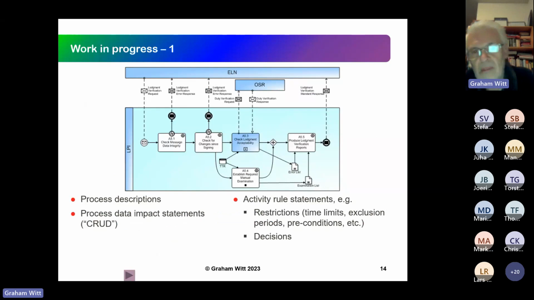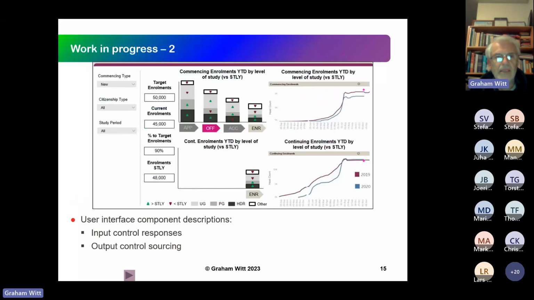Okay, so that's where we are at the moment. There is some work in progress. I've been looking at the ways of describing processes completely, and that's still a work in progress. So at this stage, I'm not in a position to report on what's happening there. And another area is in interfaces.